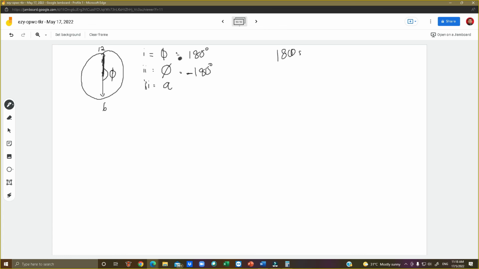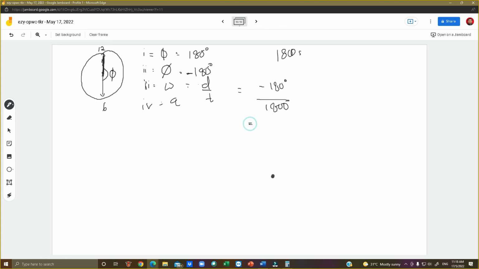1800 second. Saya ada tertinggal satu benda lah kat sini. Sebelum nak jumpa acceleration, kita kena ada velocity dulu kan. Sorry, tertinggal. Omega dia berapa? And then only we find out alpha dia berapa. So omega dia berapa? It will be displacement over time. It will be negative 180 over 1800 second.